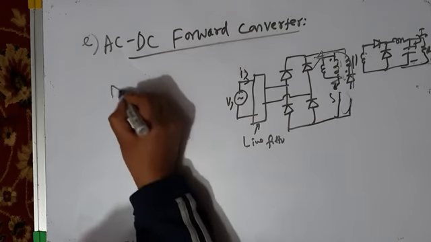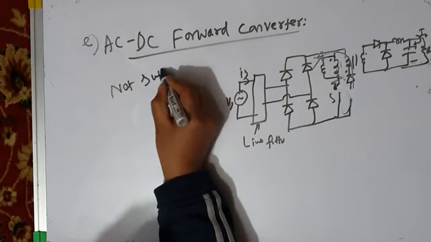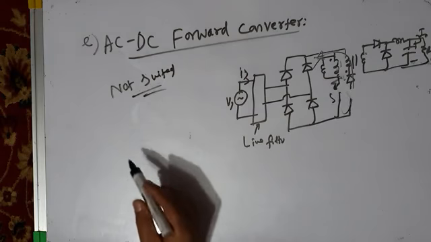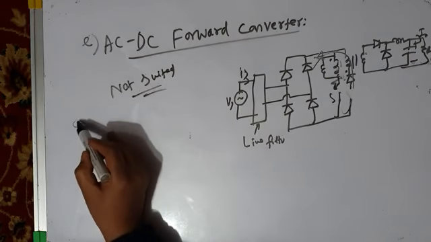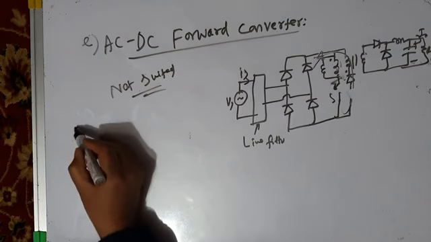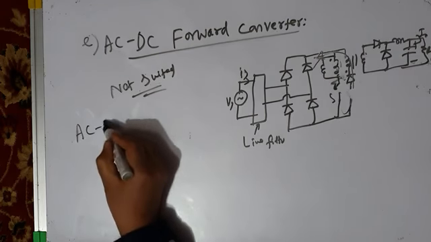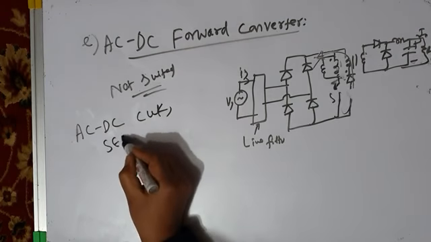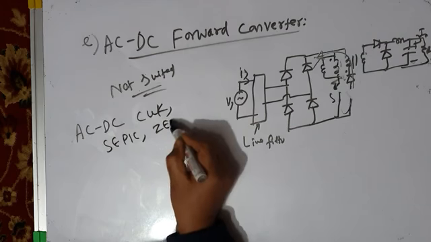Okay, so therefore it is not suited at all for self PFC property. You cannot actually use it. Similarly, you have other types like SEPIC, other types of AC to DC converters which give AC to DC Chook converter, SEPIC converter, and Zeta converters.